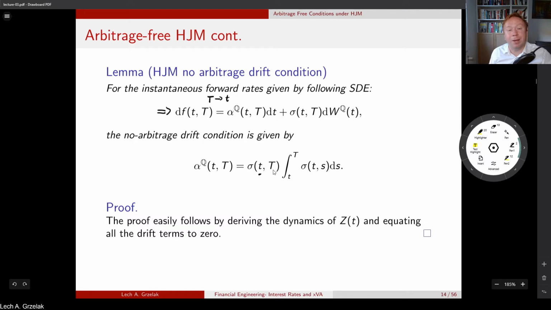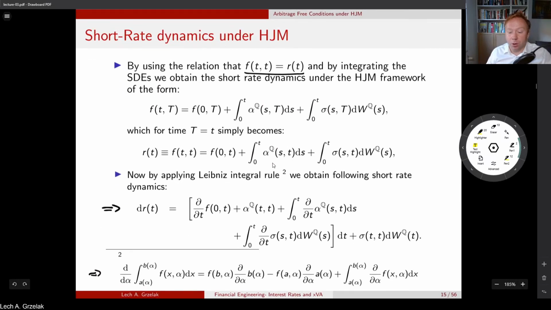There will be no dependence on the capital T because we are just dealing with a short rate setting. So if we specify alpha, and then we specify sigma, we have to substitute and compute all those ingredients to find the dynamics of the short rate given the arbitrage-free condition imposed from the HJM framework.